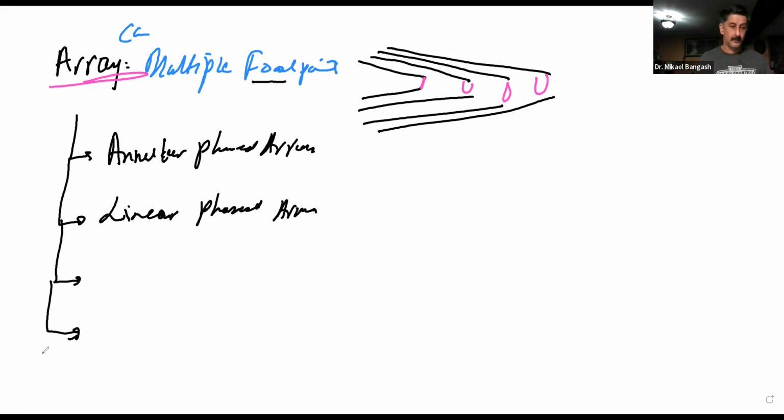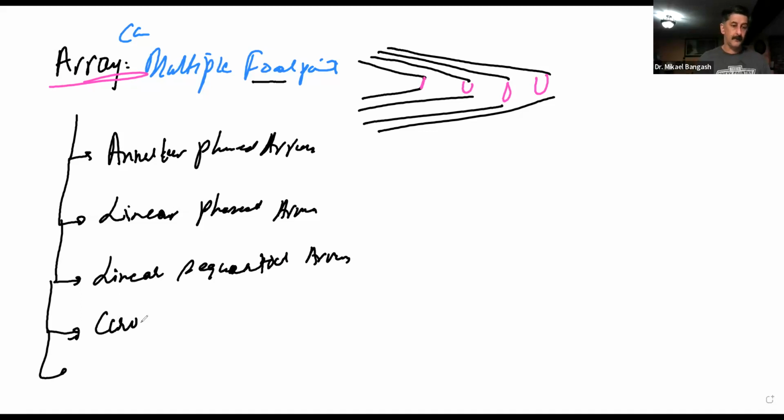The other one is the linear sequential array.